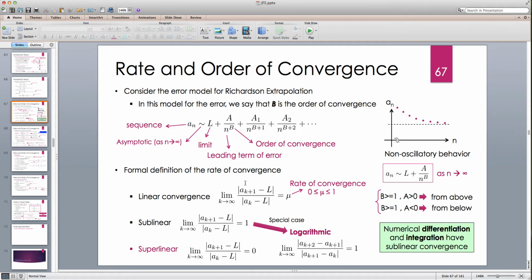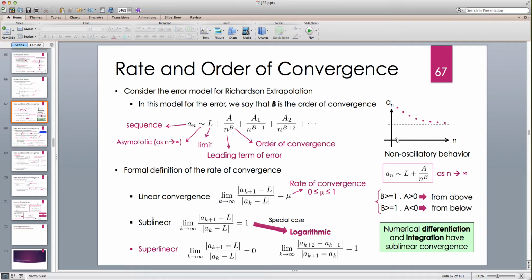All right, so this sequence decreases, so it converges to a number between 0 and 1. And if this limit exists, we say that we have a linear convergence. So in general, mu anything between 0 and 1 is a linear convergence.